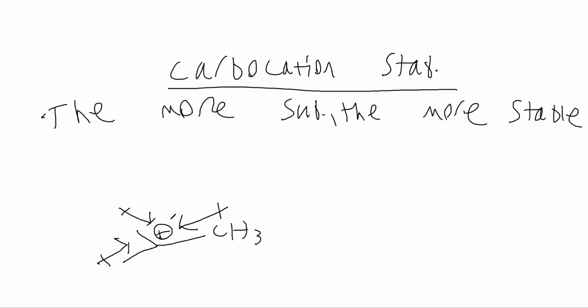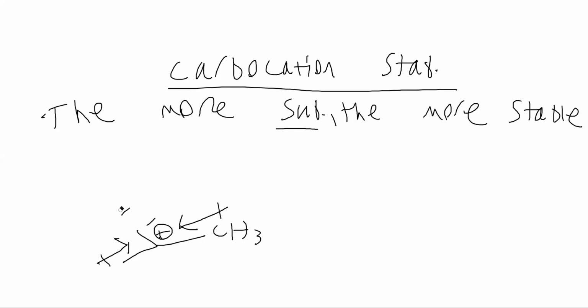By giving electrons, it kind of cancels out the positive charge to make it somewhat more neutral, which makes it more stable. And the more carbons that are around, which is the more substituents there are, the more stable it is. So that's explaining that pattern. And again, that's the same pattern as with alkenes. So if you memorize one, you kind of memorize them both.